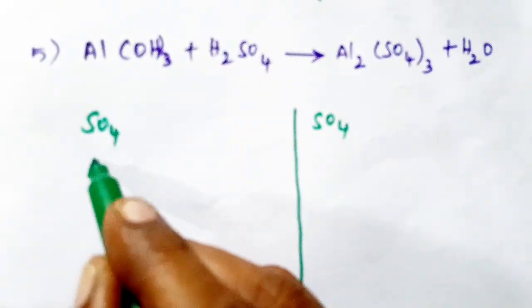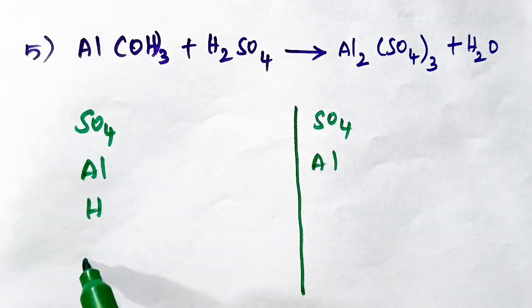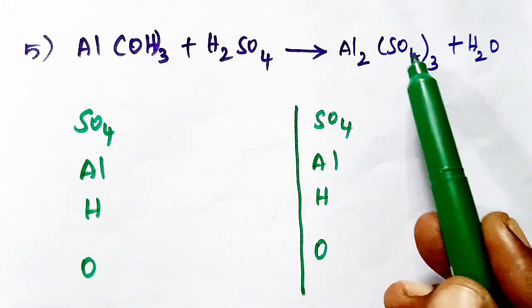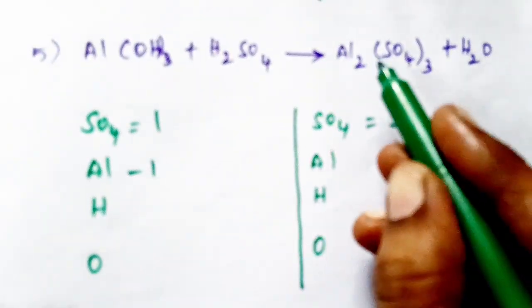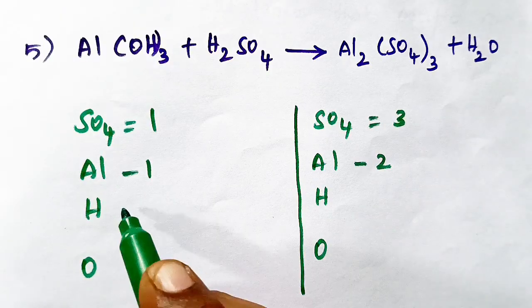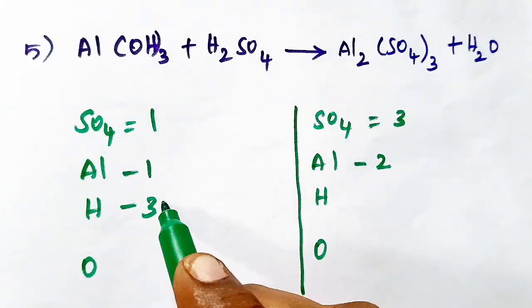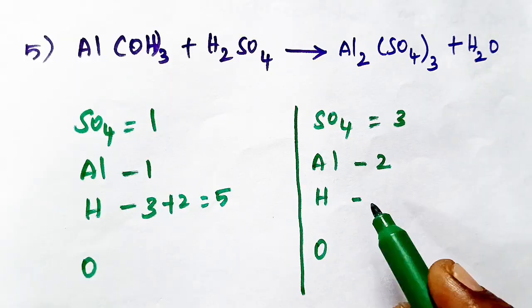then your metal Al, hydrogen, then oxygen. Here only one SO4 and this side you have 3 SO4. Then aluminium, this side only 1 and here you have 2. Hydrogen, so 3 hydrogen plus 2 hydrogen, so totally 5 hydrogen. So this side you have only 2 hydrogen.